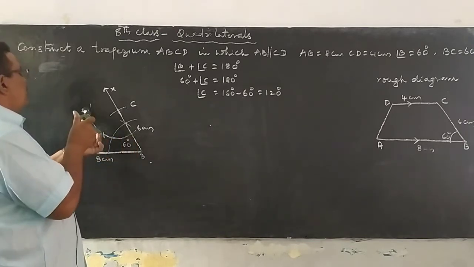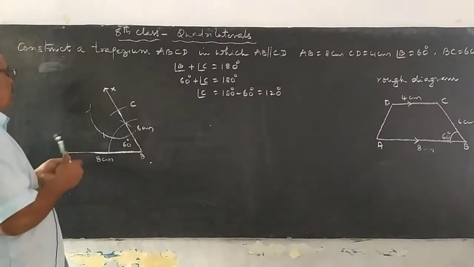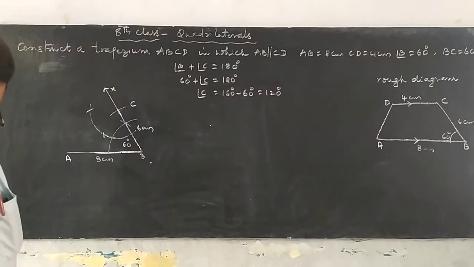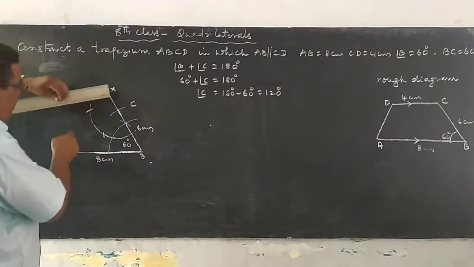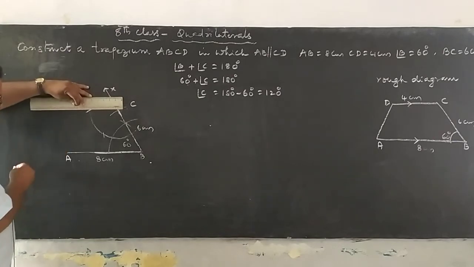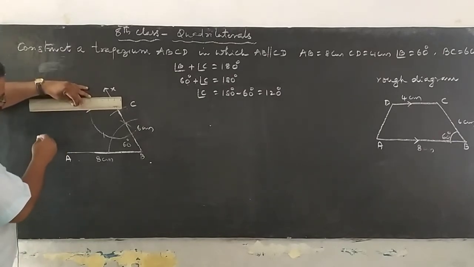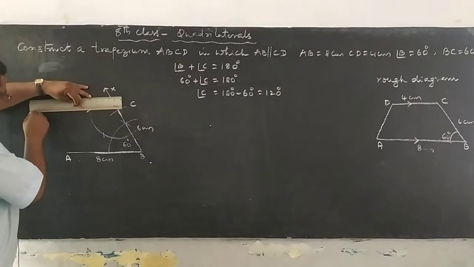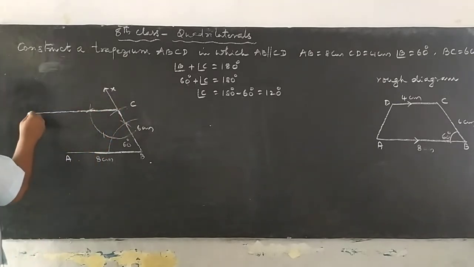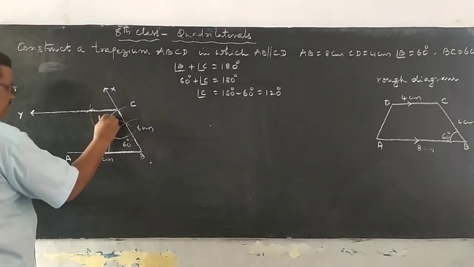The second arc is 120 degrees, children. Right, this is the second arc. Now join the ray CY passing through these 2 points. Draw a ray CY making the angle. This is 120 degrees.